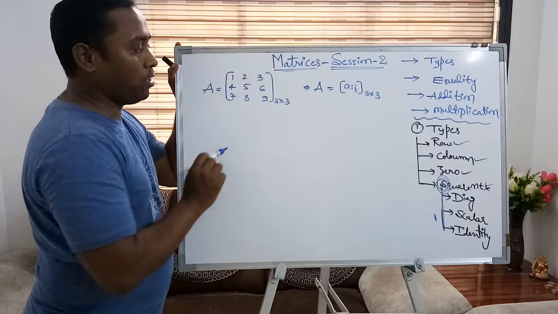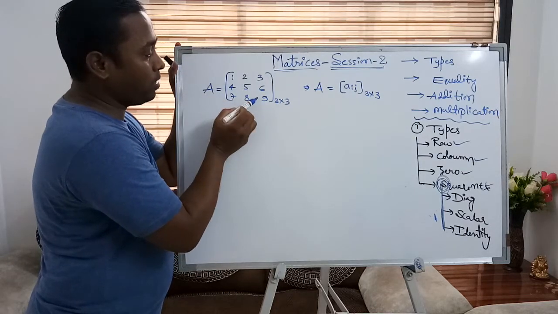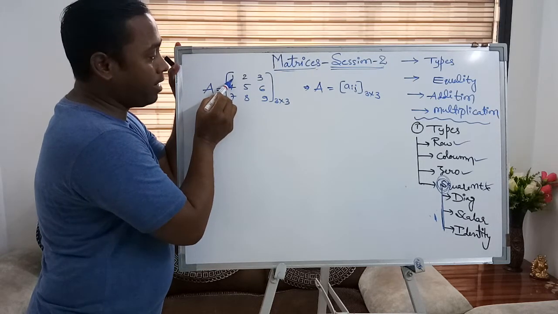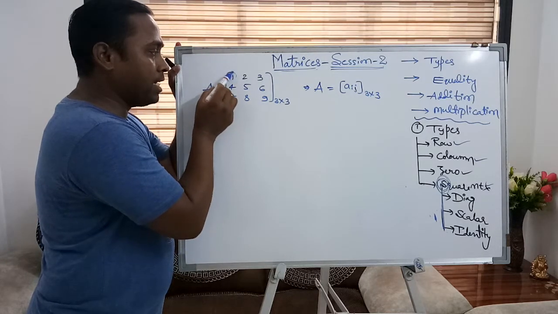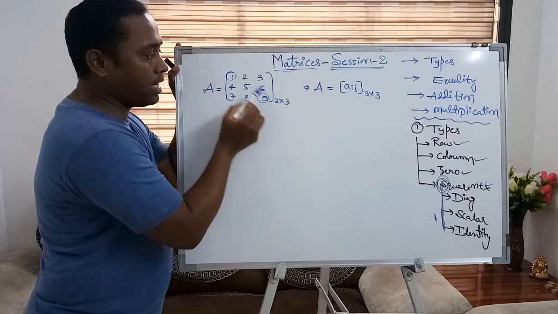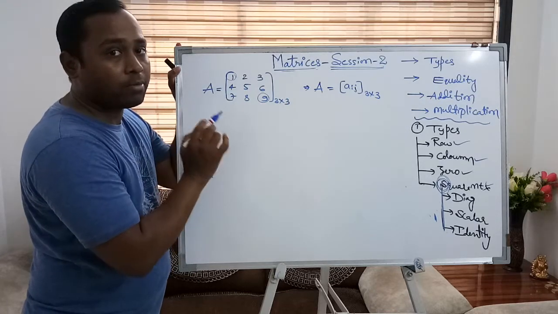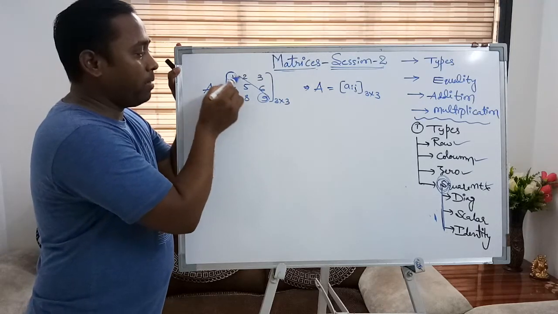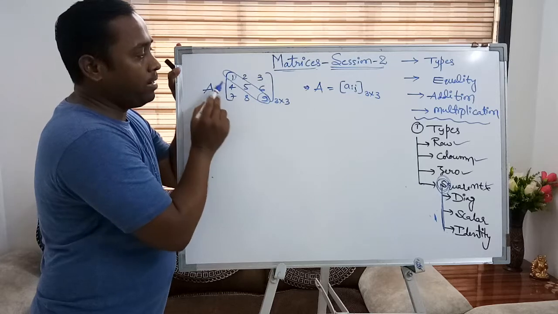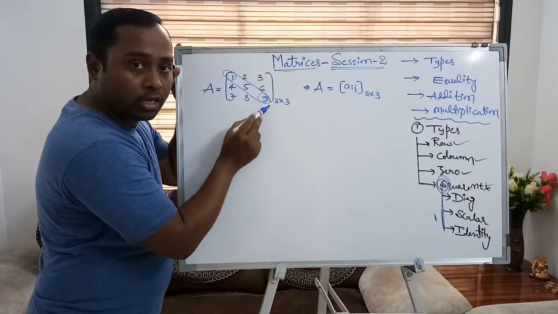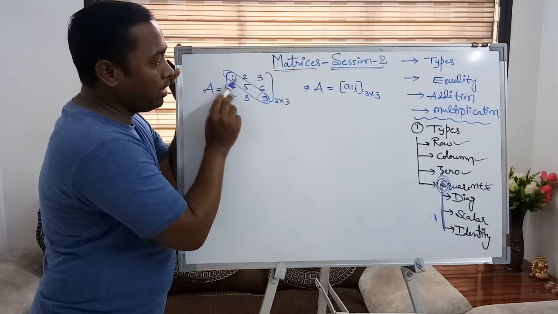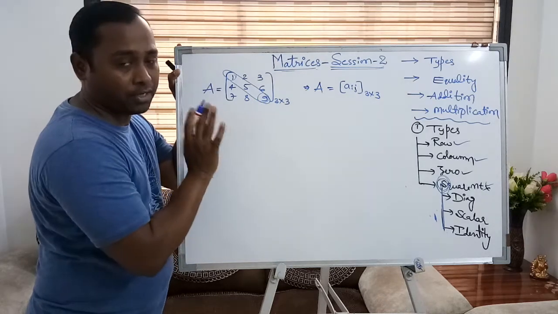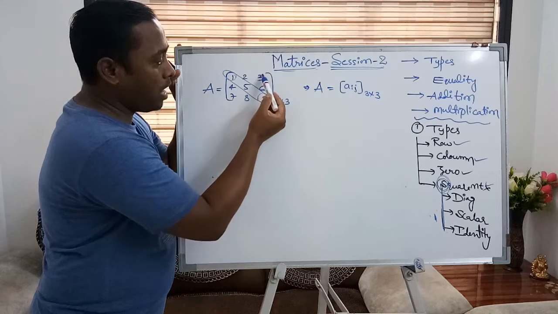What is meant by diagonal elements? Diagonal elements are the elements listed diagonally, which connect the first entry of the matrix to the last entry of the matrix. Someone asks, sir, this is also a diagonal.